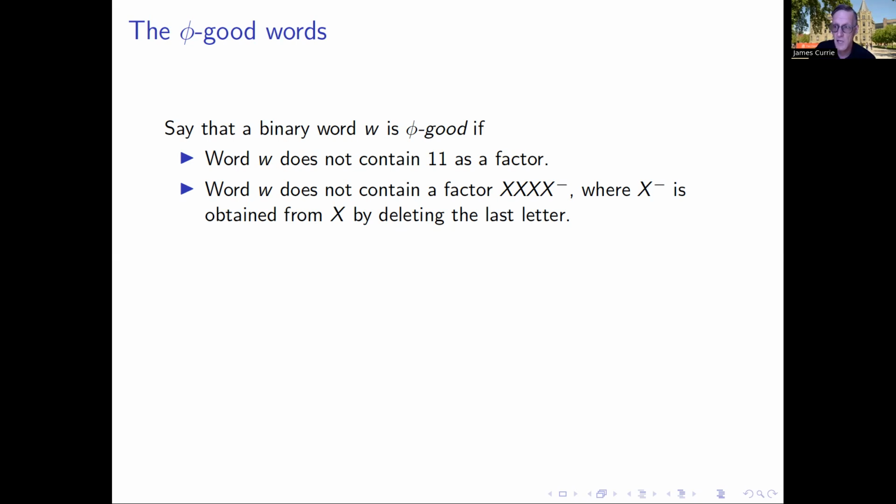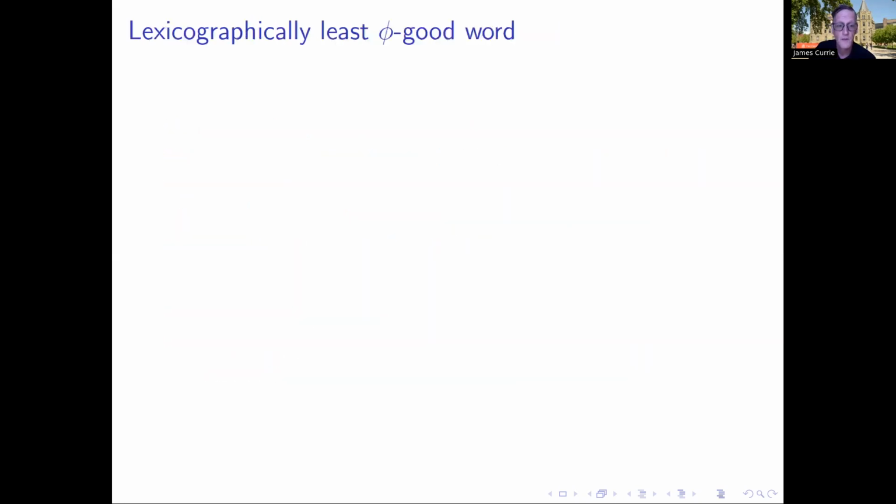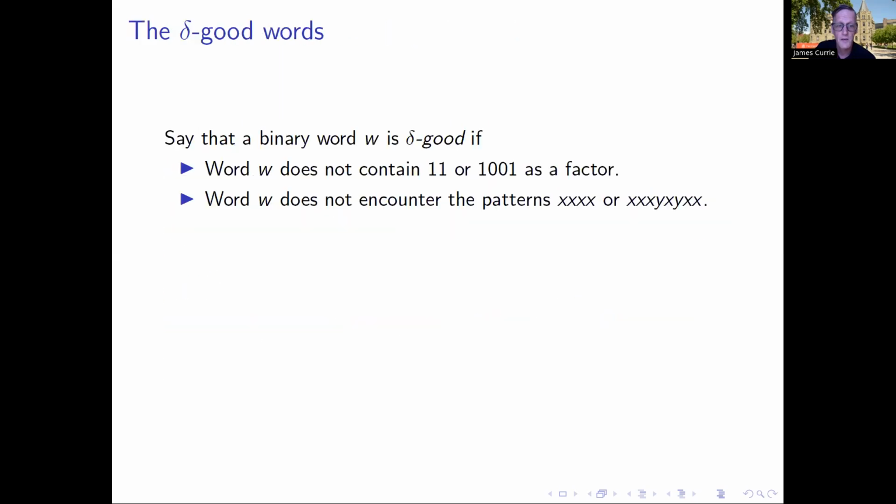Similarly, the delta good words also have a fairly simple definition, a little bit more complicated here. While I was doing this, there are some different definitions you could use, different sets of forbidden factors and so on. I thought this was about as elegant as I could make it. Maybe someone else could come up with a better way to force the morphism.